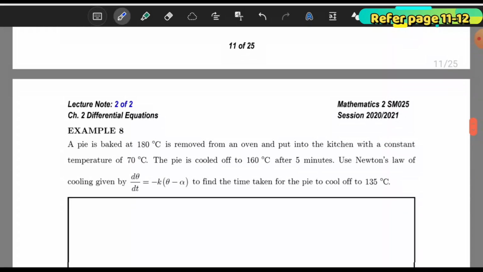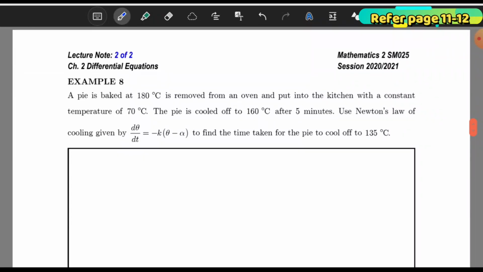Okay, now we go to the example. A pie is baked at 180 degrees Celsius and is removed from an oven. Okay, so at first, we have a 180 degrees pie. We remove it and put it into the kitchen. And the kitchen has the temperature of 70 degrees Celsius.